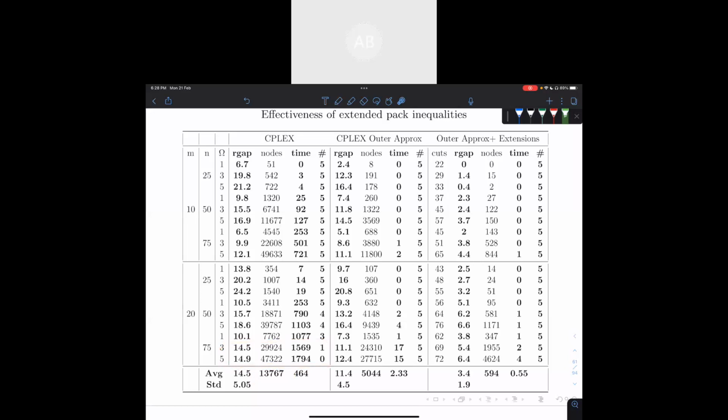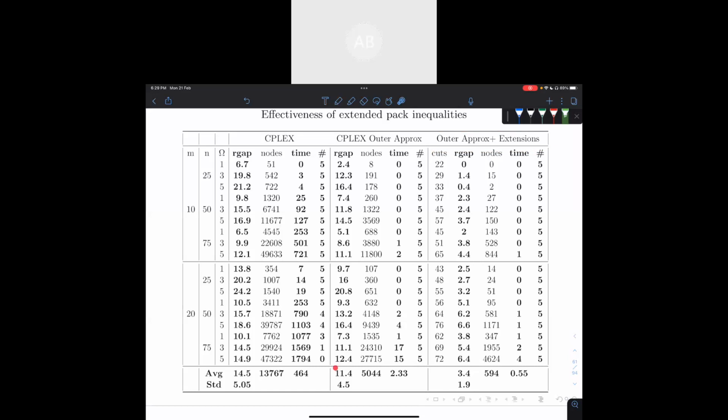So we tried to solve 5 instances, and Cplex could only solve, in some cases, well, using outer approximation, it was able to solve the majority of the instances. But if you use the extended pack inequalities, the inequalities that we developed, when we explore the combinatorial structure and not just the geometrical structure, look what happens here.